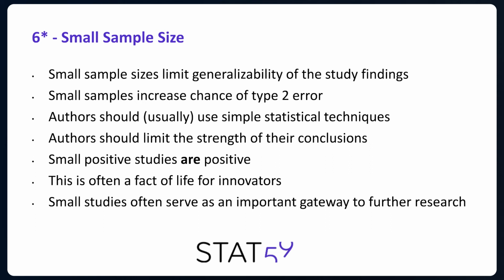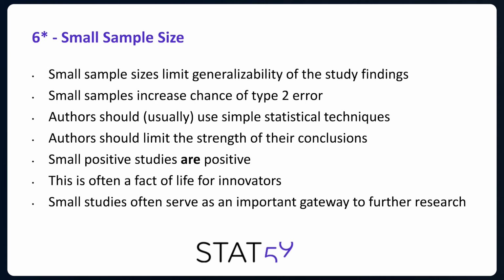We also know that small samples increase the chance of a type 2 error. That is, the chance that the treatment that we chose is actually effective, but we're unable to prove it. And this seems just inherently part of science. We can understand that small sample sizes will lead us to this increased risk of missing an important finding.